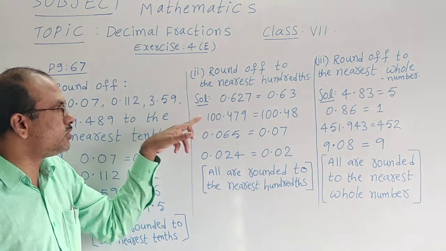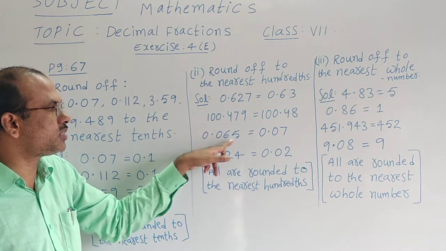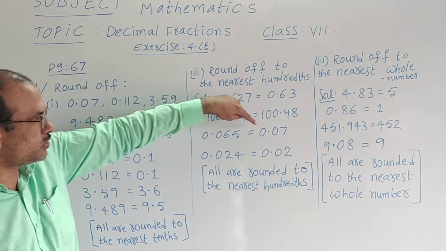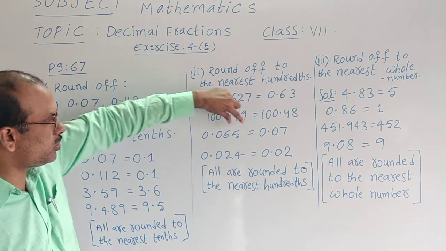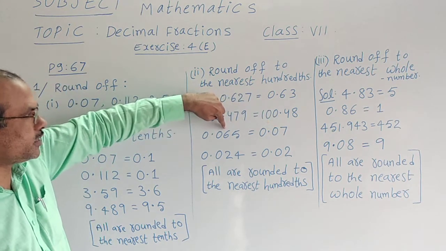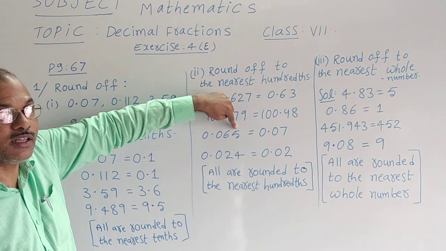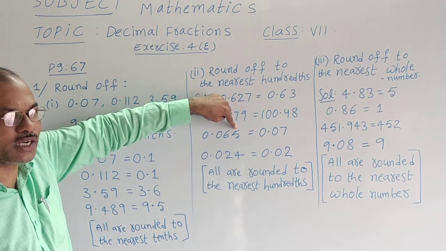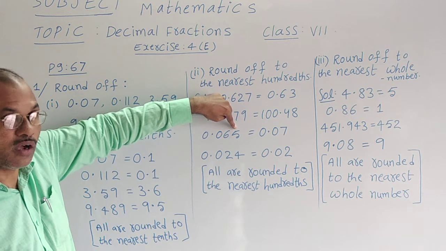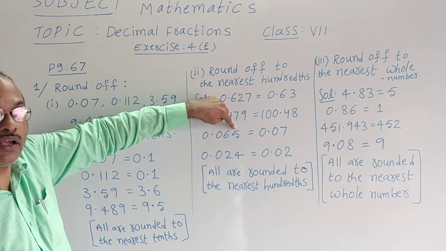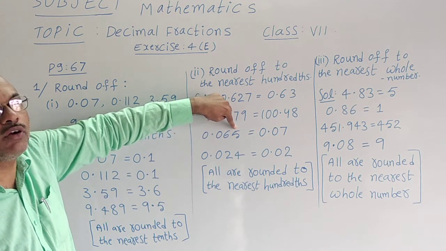Next, 0.6065. 0.0, same only. Actually up to this place only I should write. Then I must check this one. The digit in the thousandths place I should check. It is less than 5 or equal to 5 or more than 5, we should check. It is luckily equal to 5.